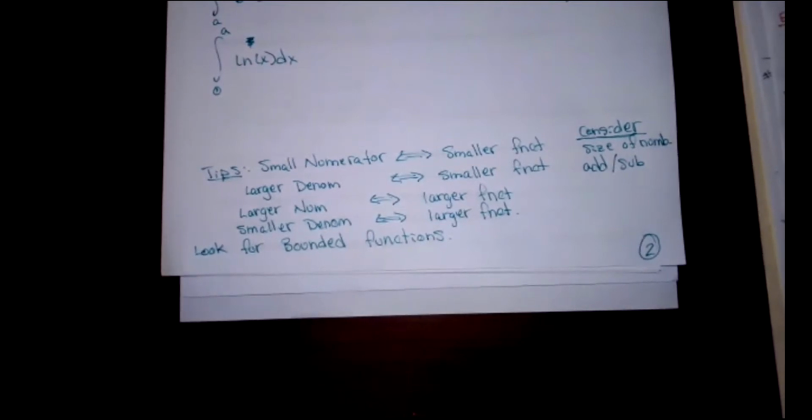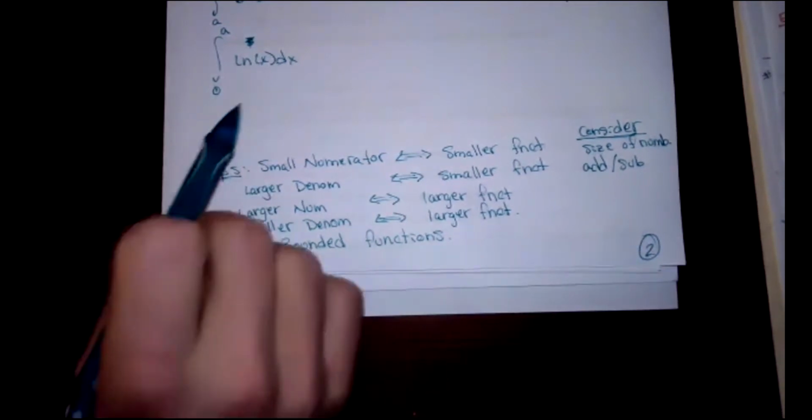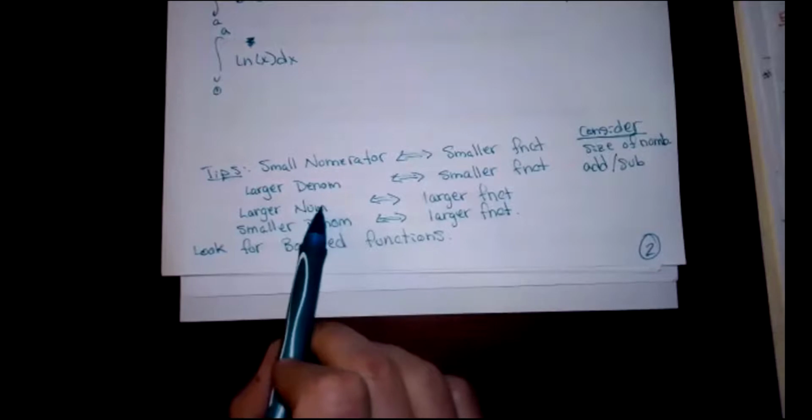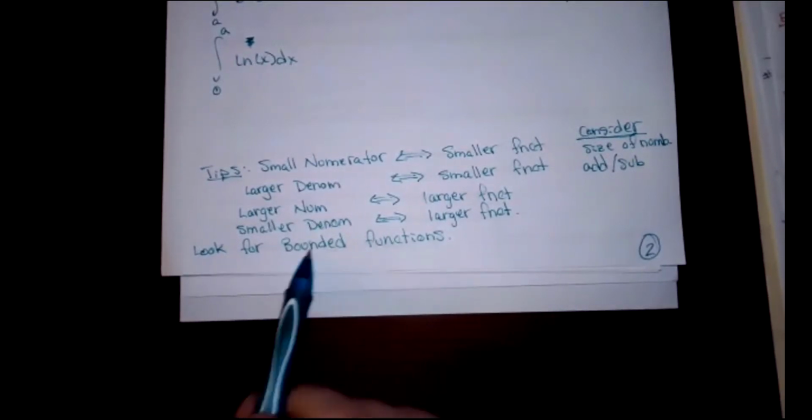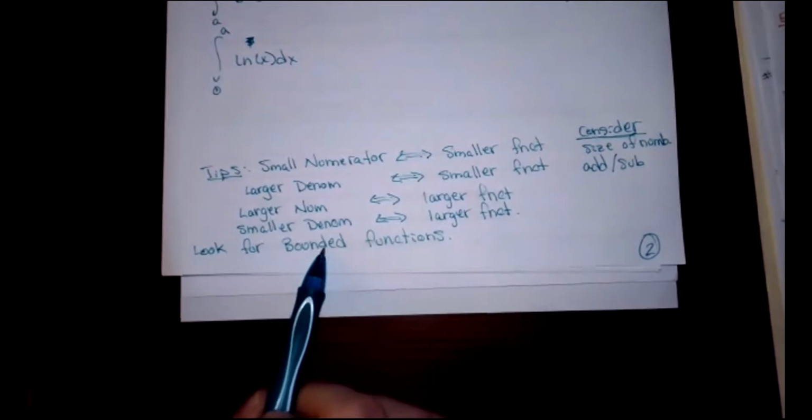So I can usually just get rid of them in a comparison. When I want to compare something with a sine or a cosine in it, I can usually replace that with a plus or minus 1. We just have to make sure, if it's in the numerator or denominator, whether we're making it bigger or smaller based on using the bound for a function. Let's see some examples of how this all plays out.